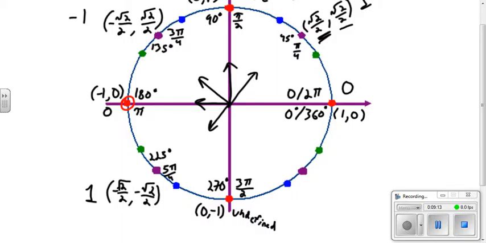This last point here then, if you haven't caught on to the trend, it's another 45, in which case, if this one was 270 over here, then we go another 45 from there. This one would be 315 degrees, which converts to 7 pi over 4.